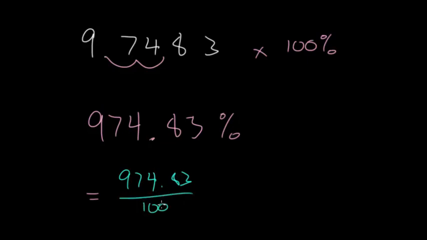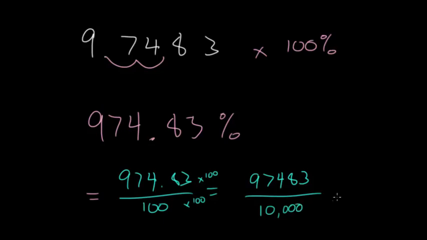974.83 over 100. If we want to rewrite this as a decimal, we want to get rid of the decimal up top and make both of these whole numbers. So I'm going to multiply the top and the bottom by 100 to get rid of that. Again, this step is all just checking our work. By multiplying by 100, we move those decimal places to the right, and this becomes 10,000 underneath.